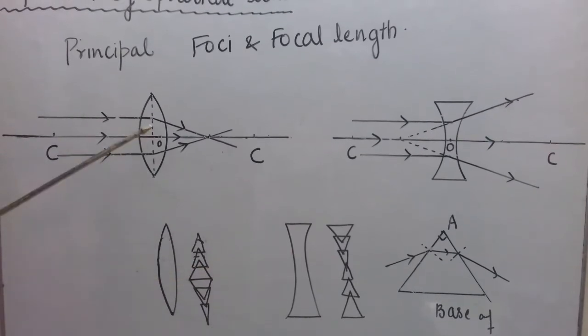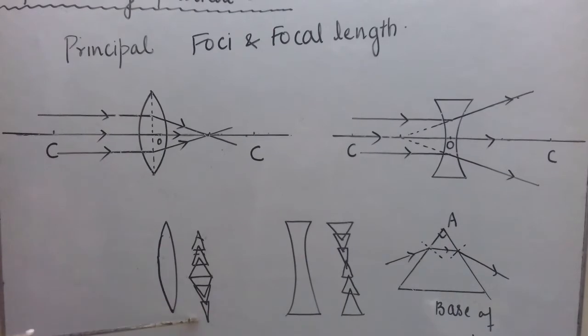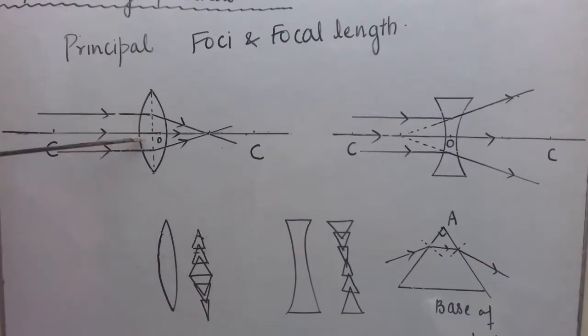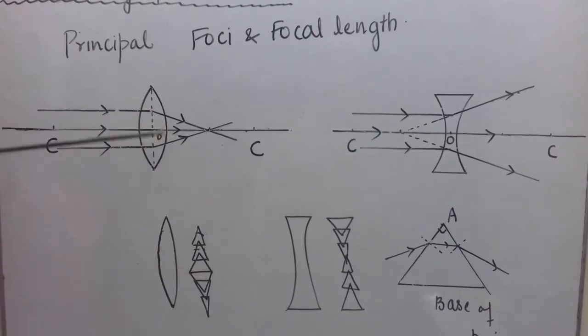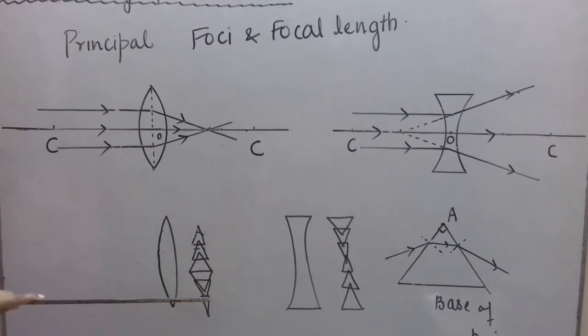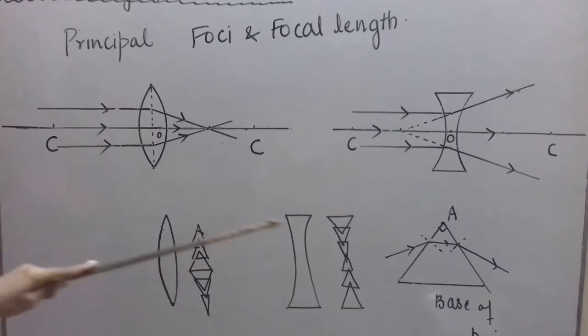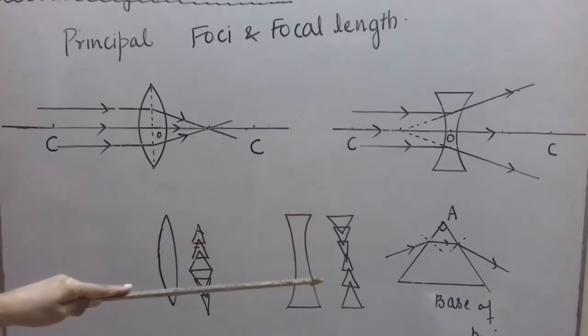In other words, this lens can be assumed to be a combination of such prisms placed above and below the principal axis, such that the prisms above it have their base towards the principal axis, and the prisms placed below the principal axis also have their base towards the principal axis. Now we know that whenever a ray of light enters into the prism, it bends towards the base.